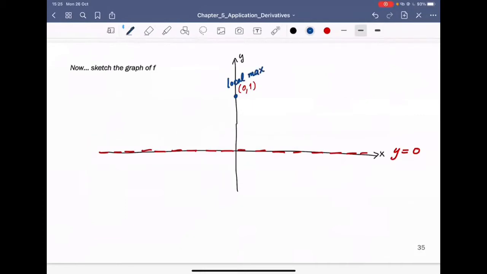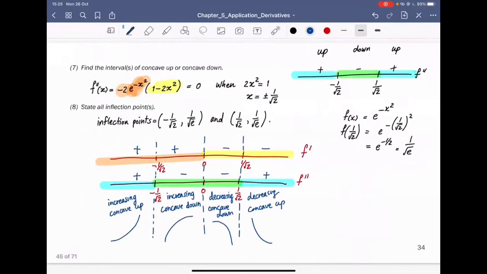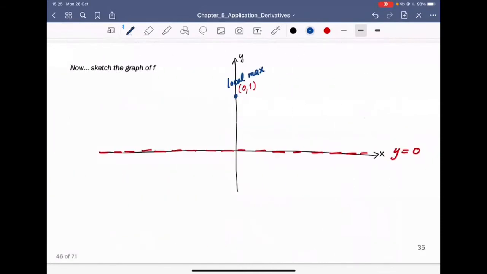What else? We have the inflection points, which are plus or minus 1 over square root 2, comma 1 over square root e. I'm just going to approximate it.